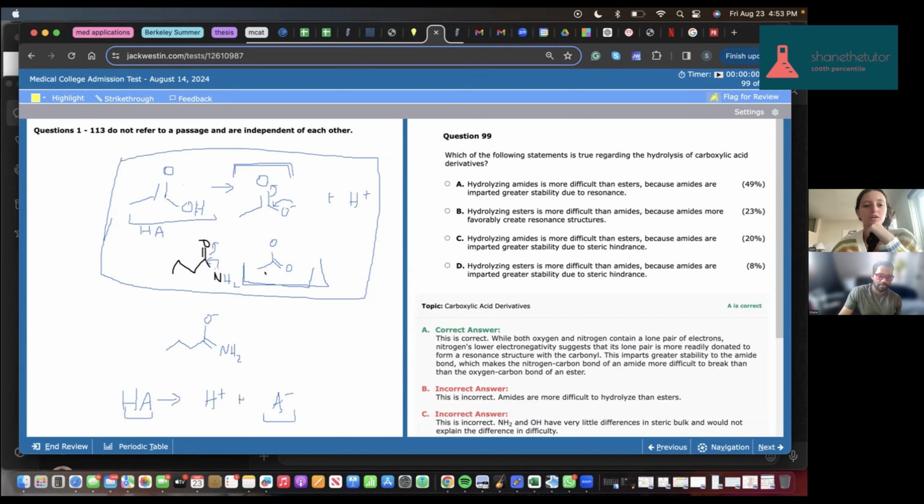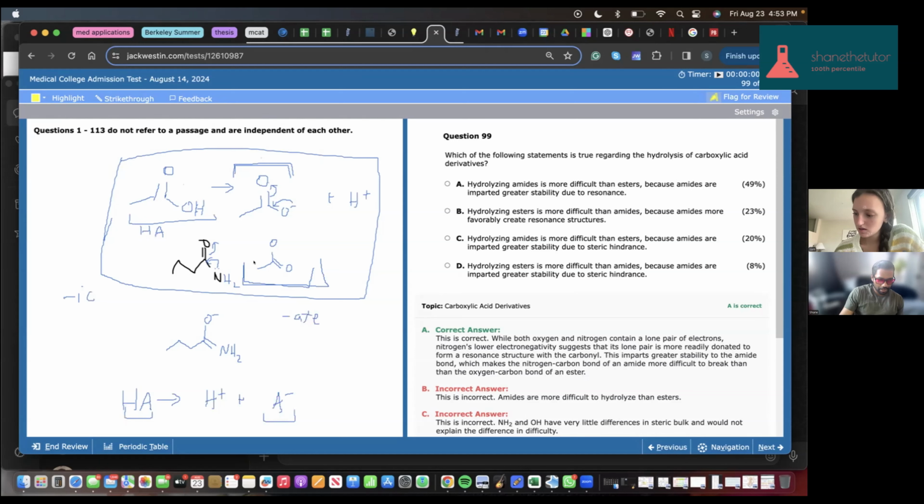Doesn't this have a name as well? If we start off with carboxylic acid, this would be carboxylate. So that's that.